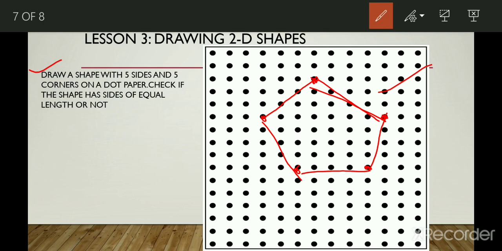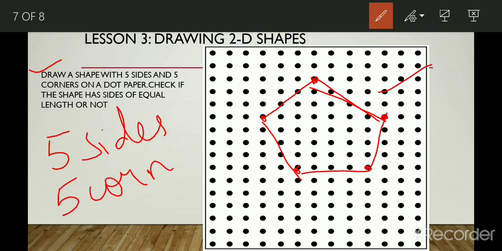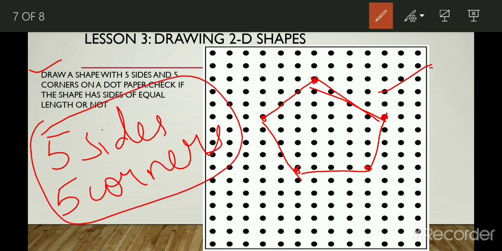You can use a ruler for this and simply tell whether the sides are equal or not. So a shape with 5 sides and 5 corners is called a pentagon.